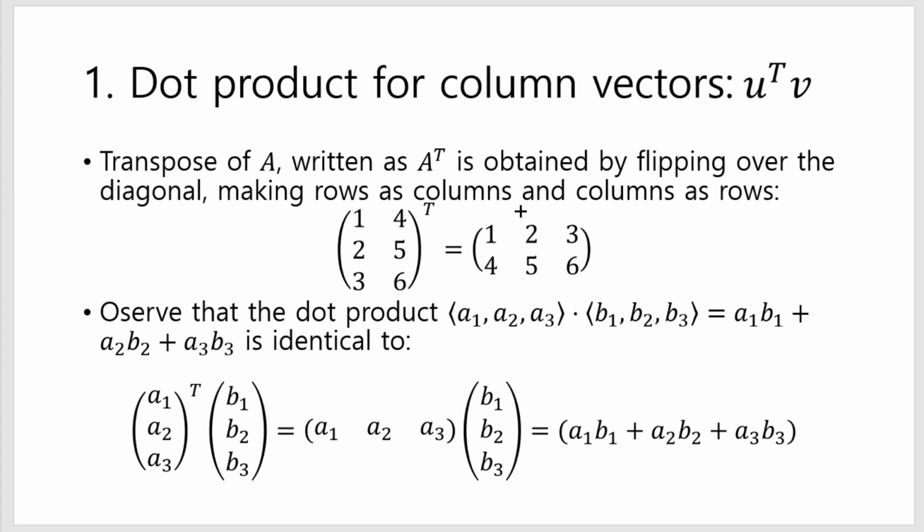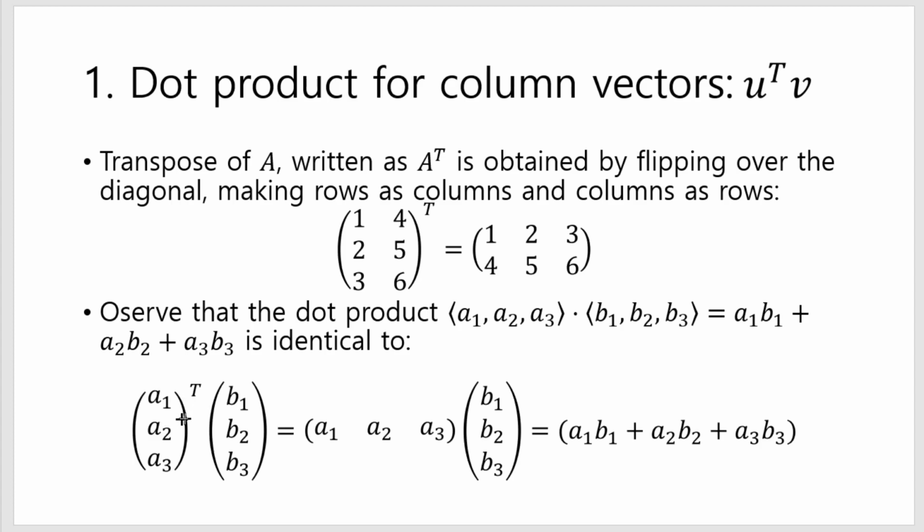All right, now once you understand what transpose is, observe the usual dot product. What's the dot product? It's just the component-wise multiplication, which you add, right? It's the same thing as multiplying these two column vectors. A matrix of n by 1 is called a column vector. This is a 3 by 1 column vector.